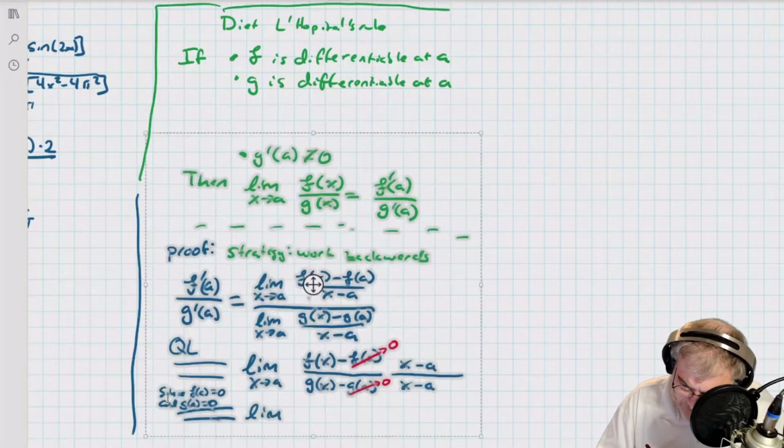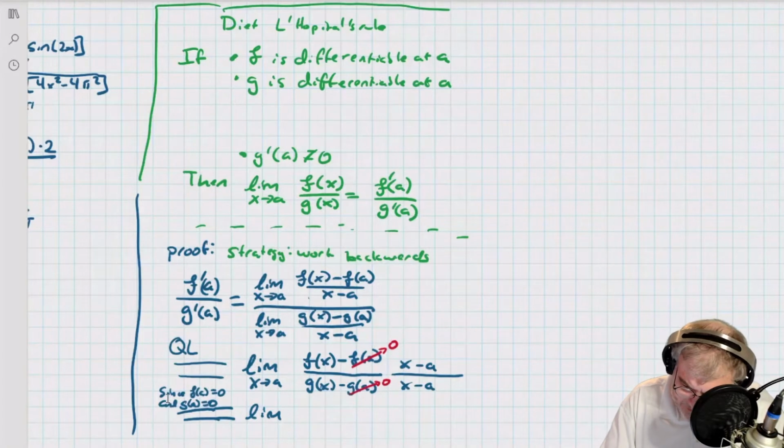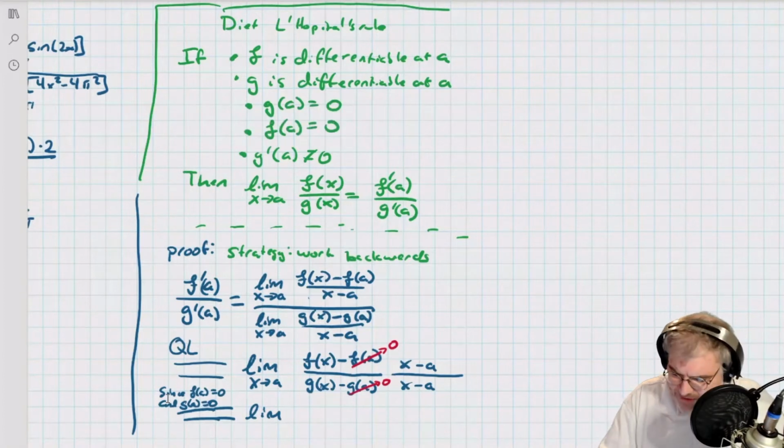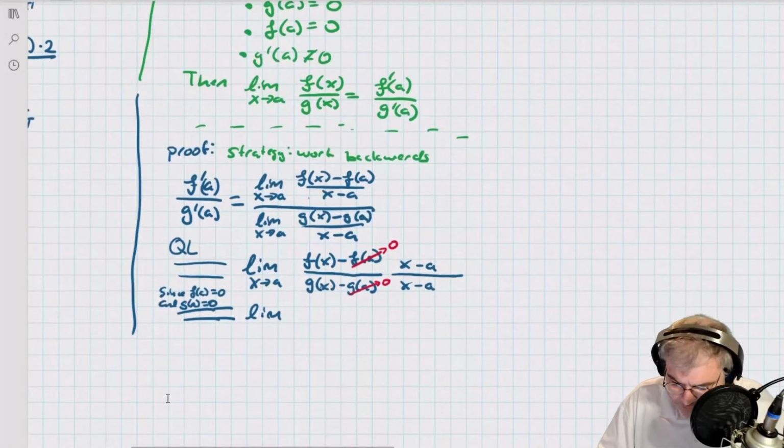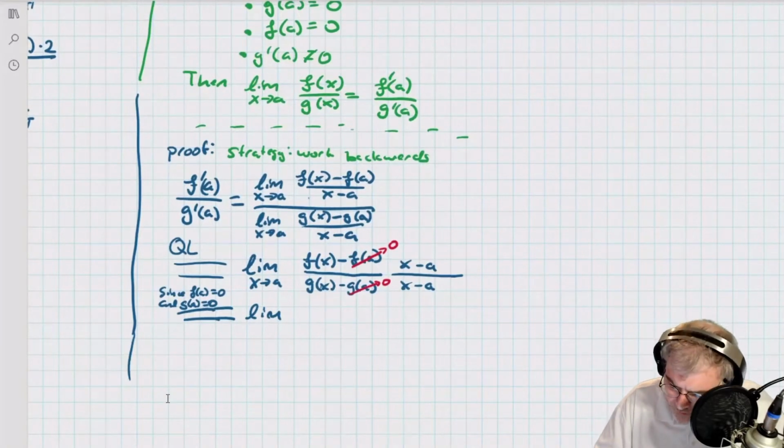Advantage of doing this, I could just go in and add that 0 real fast. Here I had g of a equals 0, and I had f of a equals 0, right? I've got 0 over 0. I forgot to say that. That's kind of the whole point: you can only do it when you've got 0 over 0.